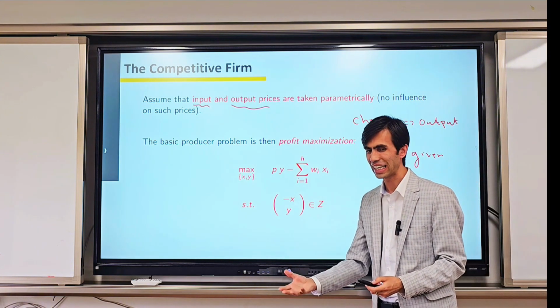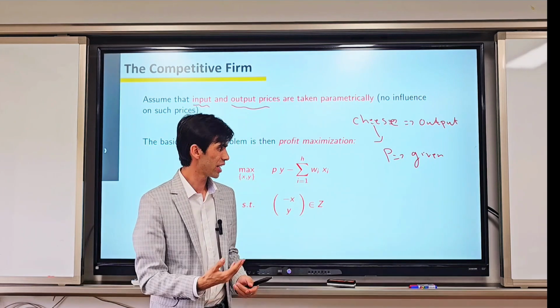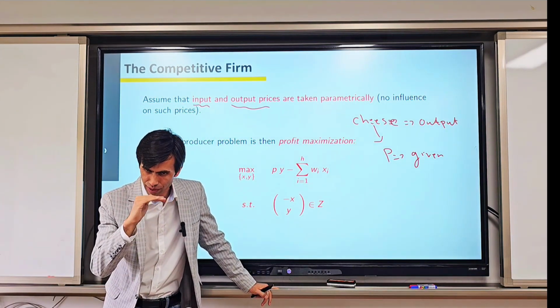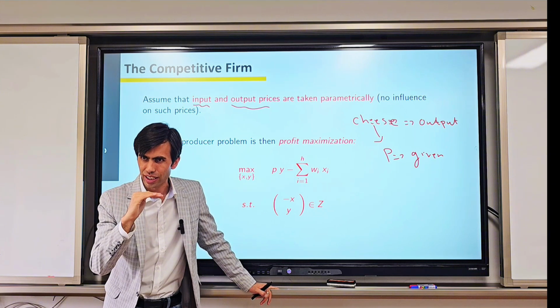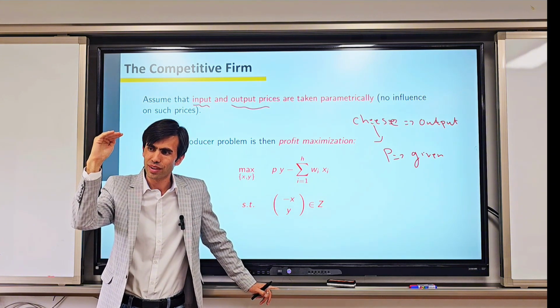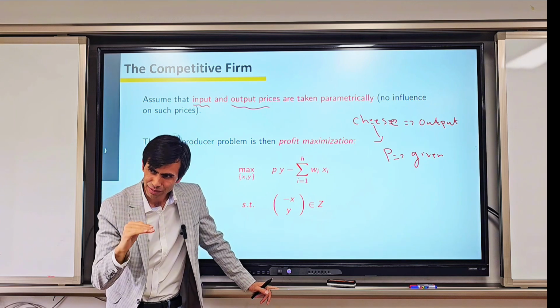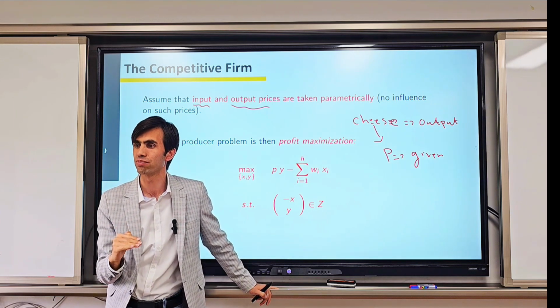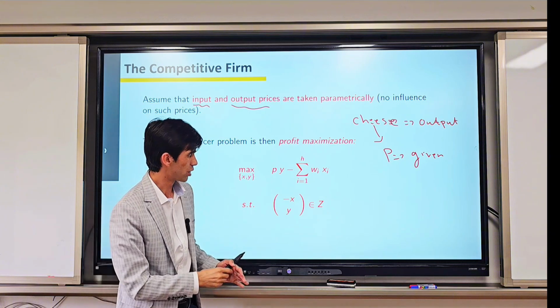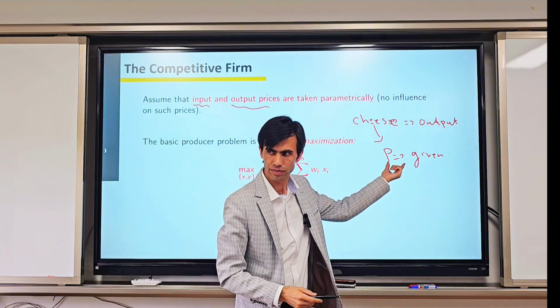Because if we sell for less than that price, that is the price level at which the profit is zero. So if we set a lower price, it means we are having negative profit. So we are not willing to do that. So the price is given.